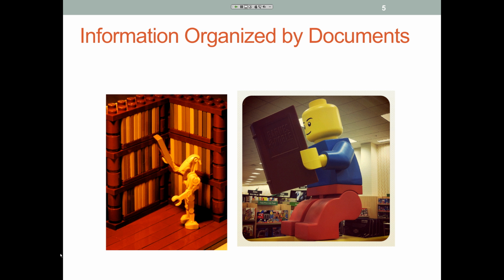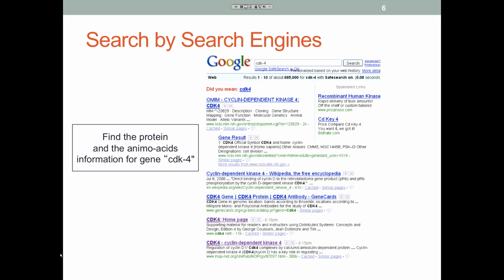Basically, the difference between the semantic web and the current web is that currently we are organizing our information or data by documents. For example, if we want to search for something, we either go to a search engine such as Google, or we may go to PubMed to search for relevant scientific findings. Usually we just type in a keyword, and then a search engine such as Google will return a lot of links.